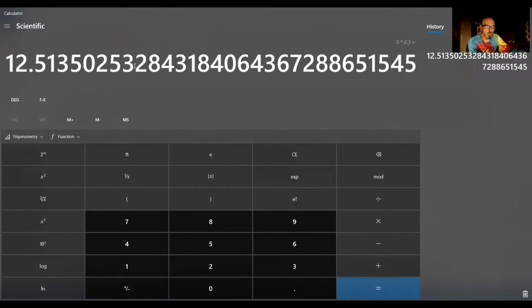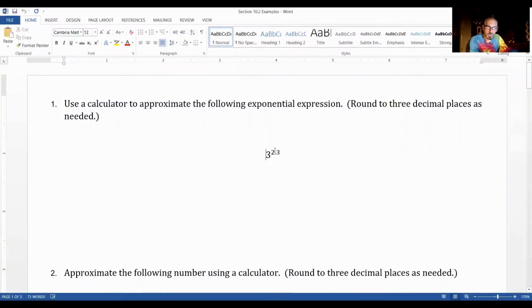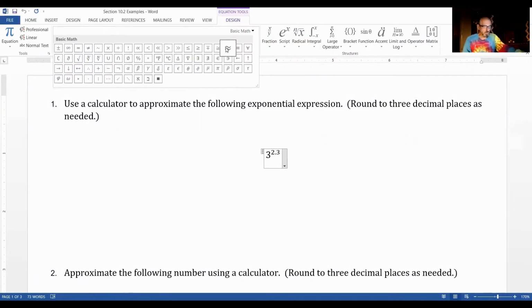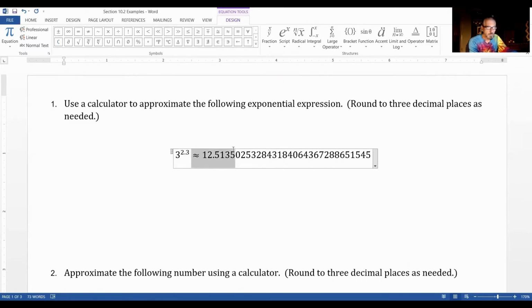We're supposed to round this to 3 places. And so the particular scientific calculator that I used is going out a lot further than most handhelds would.